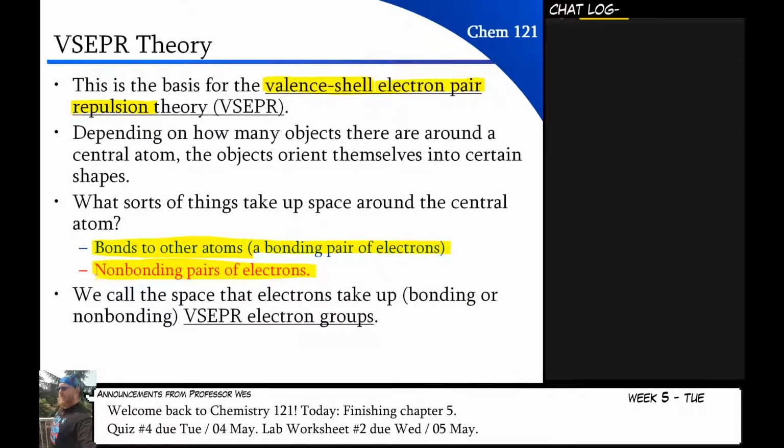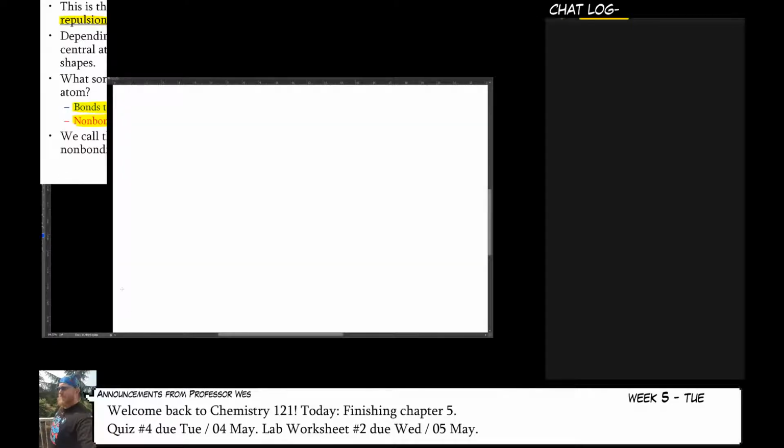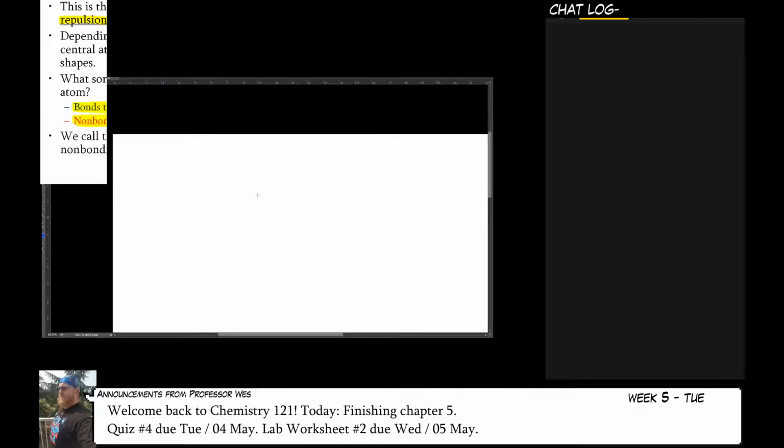Okay? So let's do an example where we count some electron groups. I don't know why nothing appeared there, but that's okay. There we go. So what I want you to do is draw the Lewis structure for these molecules. I'm going to just give you some very simple Lewis structures to do.